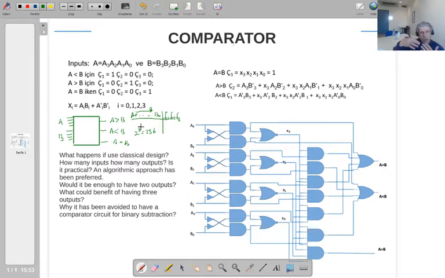In these cases, we already said that if the size of the functions that you're going to realize increases, you've got to use modular circuits first. We have done it in parallel adder circuits.